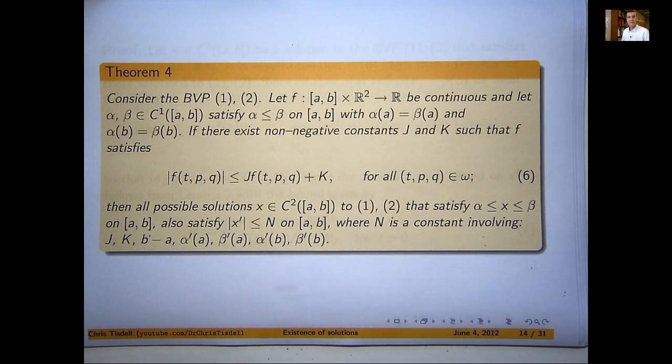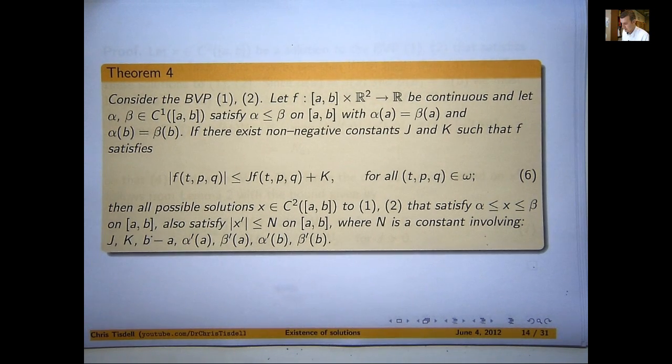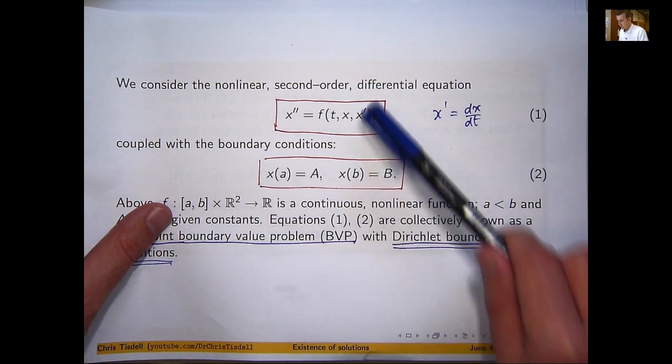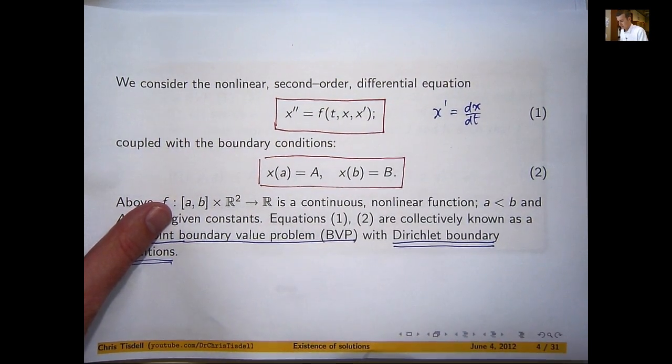All right, so here's one of our first a priori bound results. Let's consider our general boundary value problem, 1, 2, our Dirichlet boundary value problem.